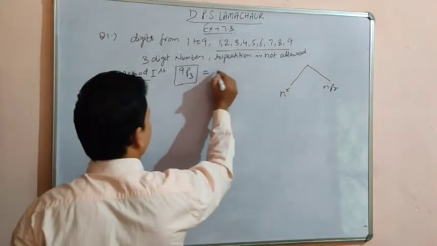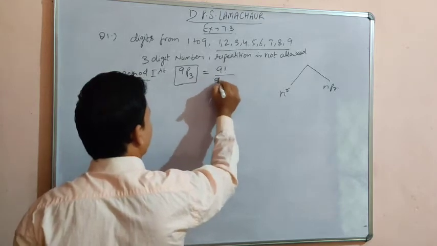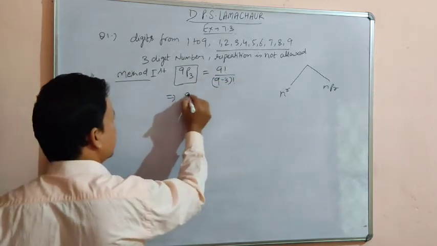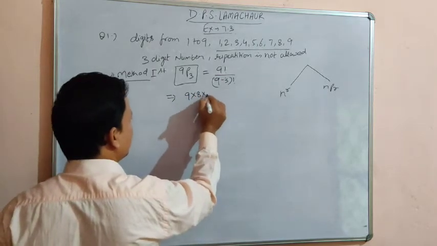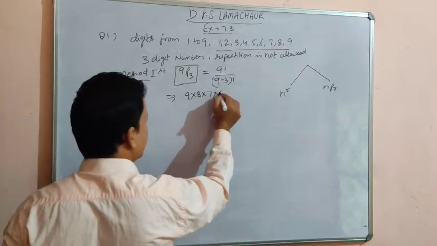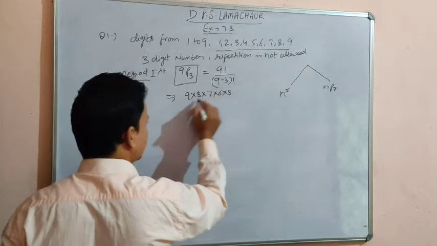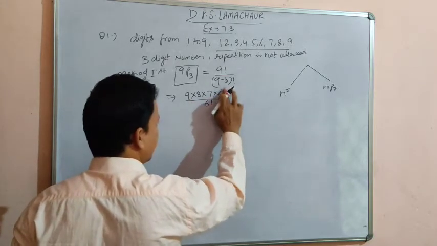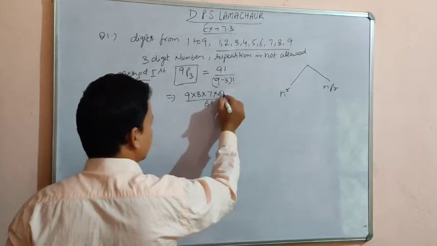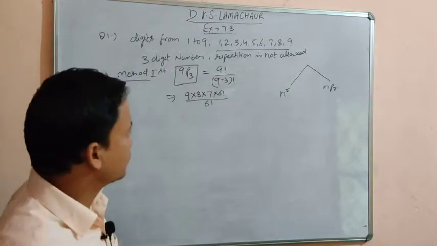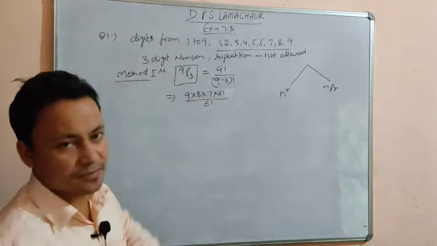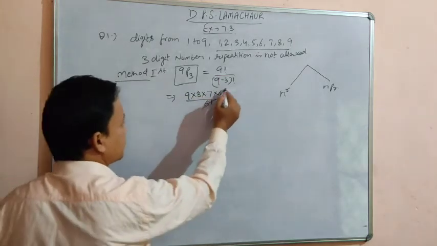So apply the formula 9 factorial upon 9 minus 3 factorial, that is 9 into 8 into 7 into 6 factorial upon 6 factorial. You need not expand it till 5 factorial. 9 minus 3 is 6 factorial, and 6 factorial and 6 factorial get cancelled out.